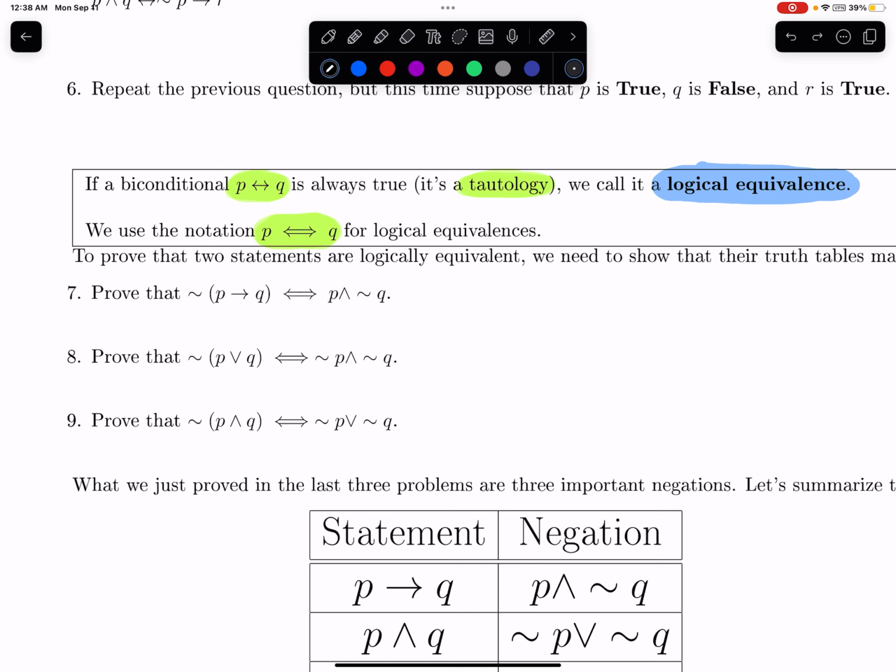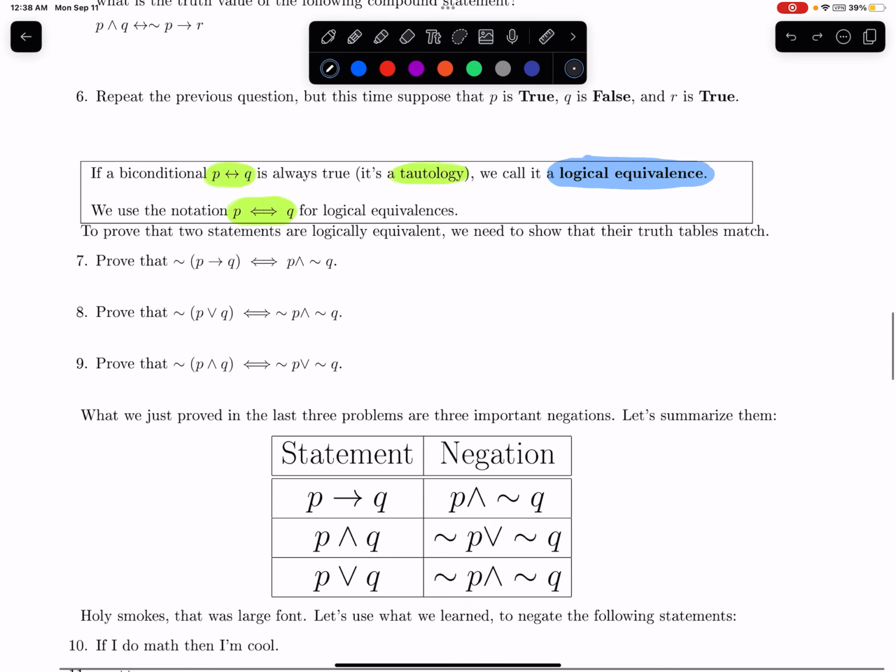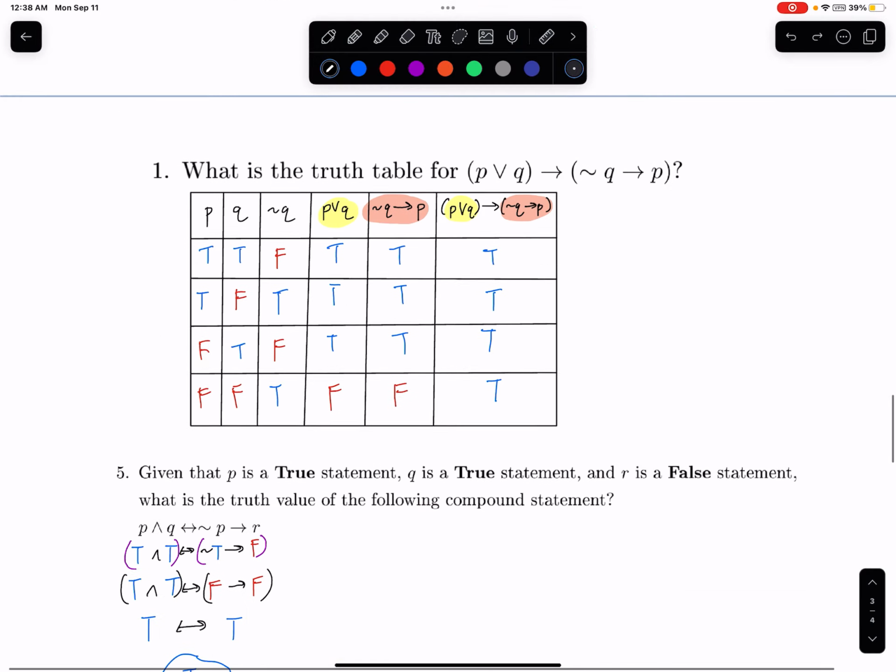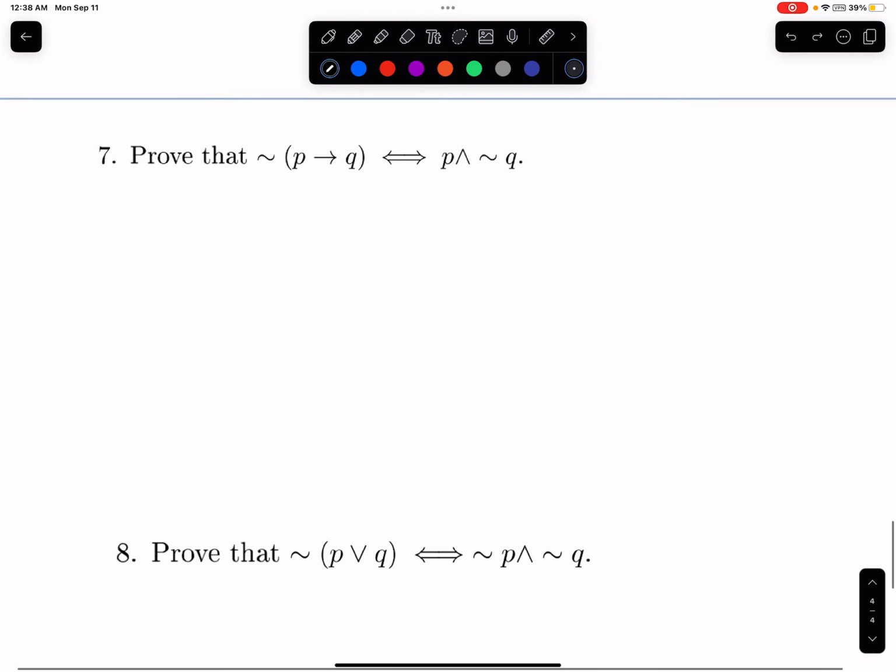Now let's look at these 3 examples of proving logical equivalences, 7, 8, and 9. And then we'll use that to talk about negations next. So here I wrote the questions down. Try them on your own first. How do I go about proving that something is logically equivalent? Well, here's the strategy.